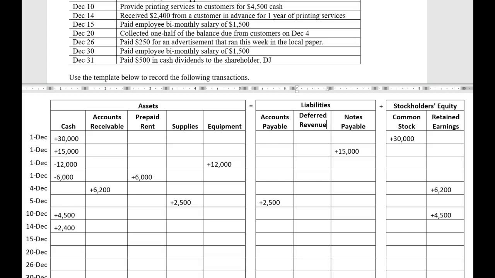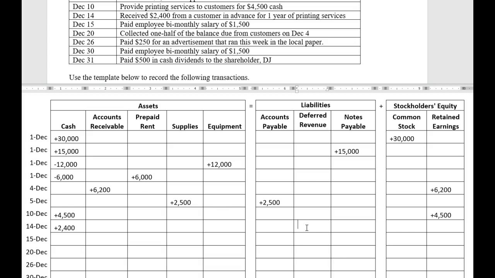One is deferred revenue. We're deferring the recognition of the revenue until we actually provide the service. Another word that I've often seen for that is unearned revenue. In either case, whether your book uses unearned revenue or deferred revenue, that is an account showing that we owe, not money, that would be a payable, but we owe services to our customers.